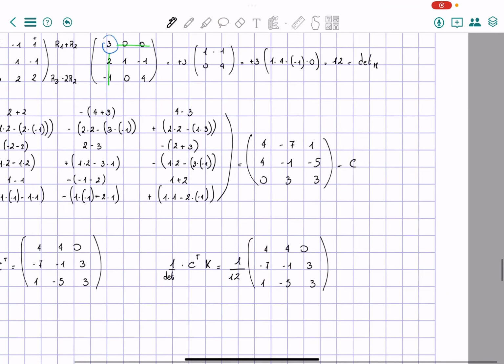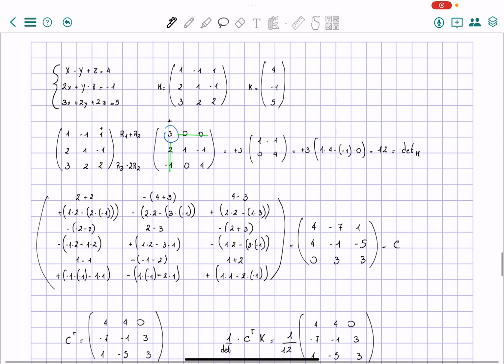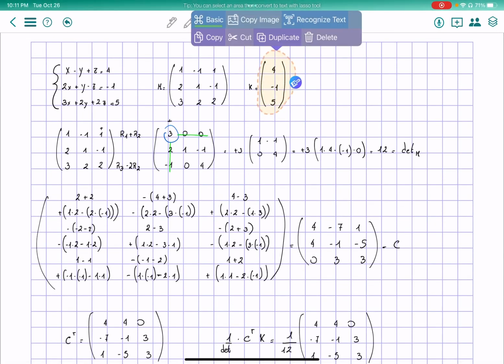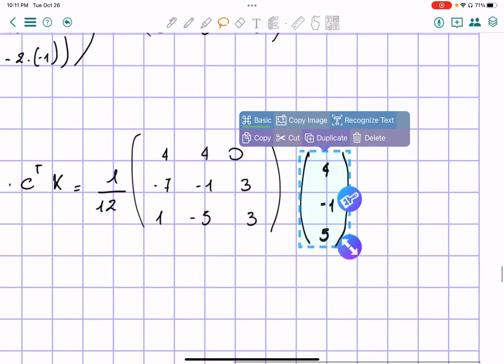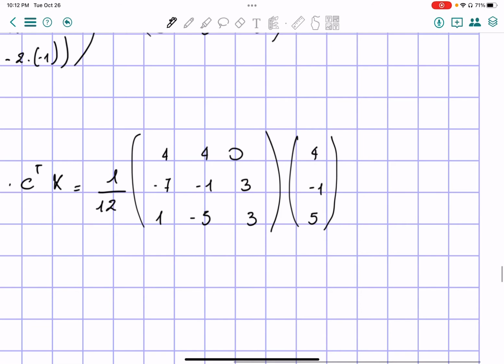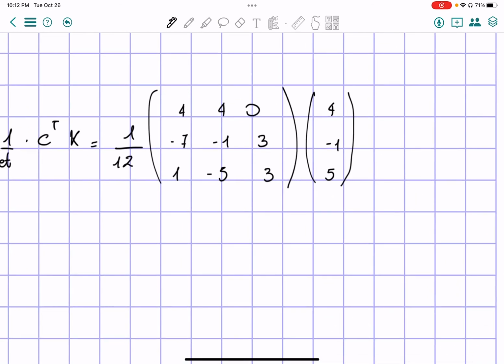And then K, that we said before, was 4, negative 1, and 5. And it goes down here. So again, we can see that the first one is a 3 by 3, and the second one is a 3 by 1. So the final one will be a 3 by 1.